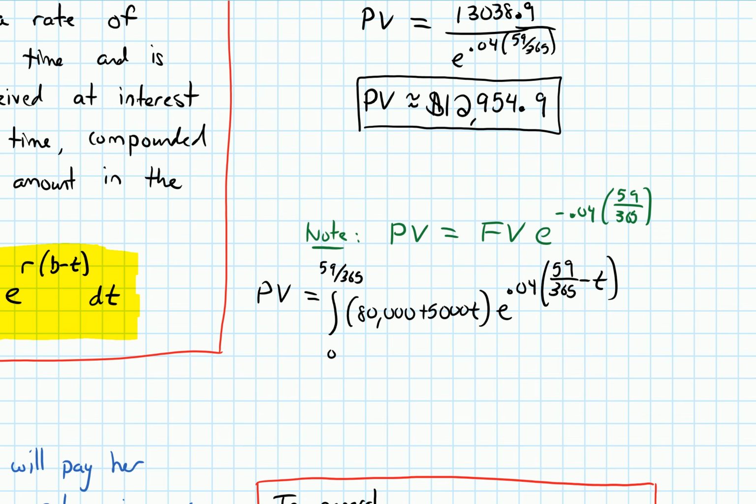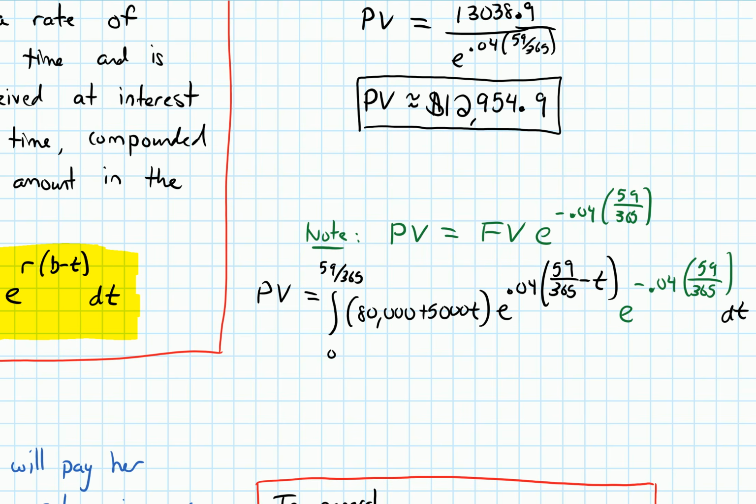That's what future value was from the last video. When I multiply this whole thing by e to the negative 0.04 times 59 over 365, that's a constant, so I can move that constant inside the integral.